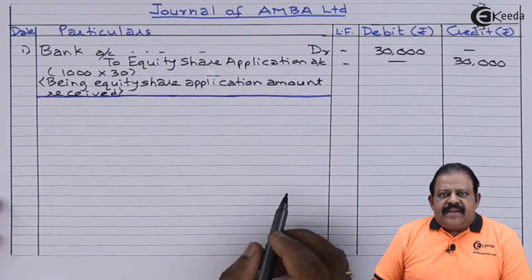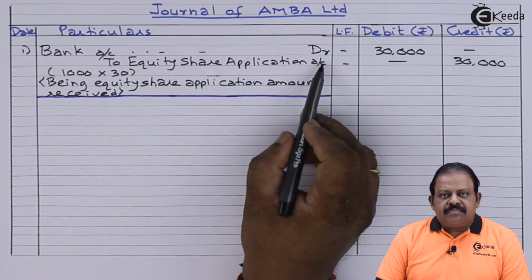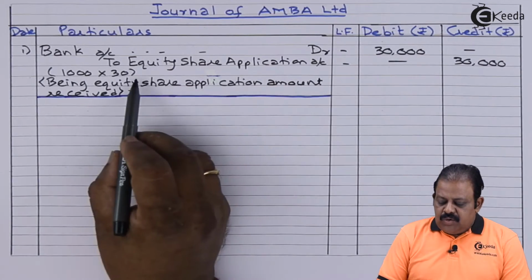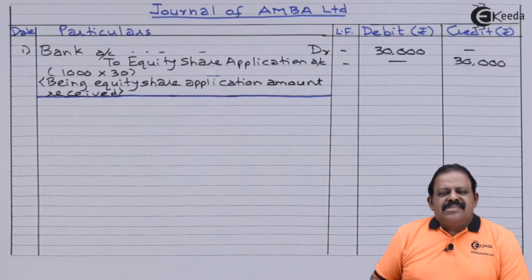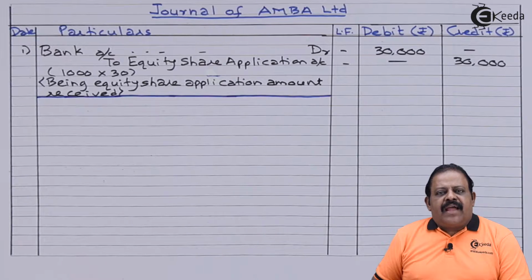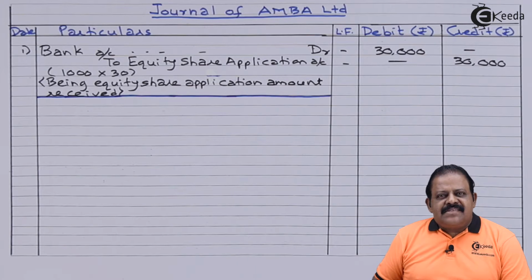So our first entry is bank account debit 30,000 to equity share application account 30,000. This is the amount received by the company from the applicants. This amount of application will be transferred to equity share capital. That will be our second entry.